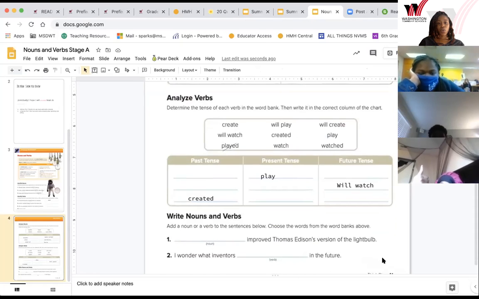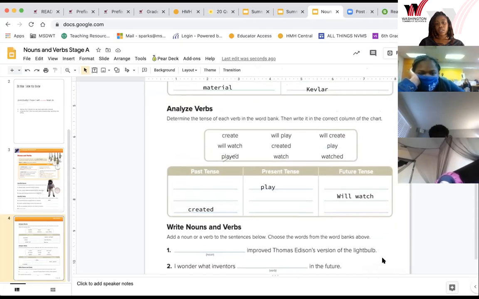Okay, we're going to move down to analyze verbs. Determine the tense of each verb in the word bank, then write it in the correct column. So we have past tense, present tense, and future tense. Past tense, we already know that it has already happened, and we usually see an -ed at the end of the word. Present tense means it's happening now.